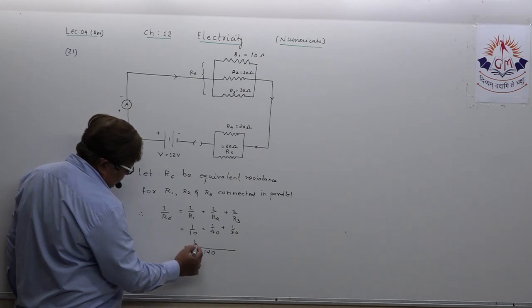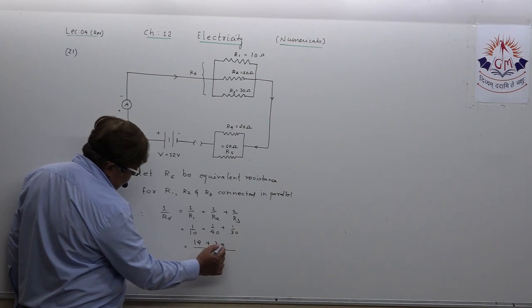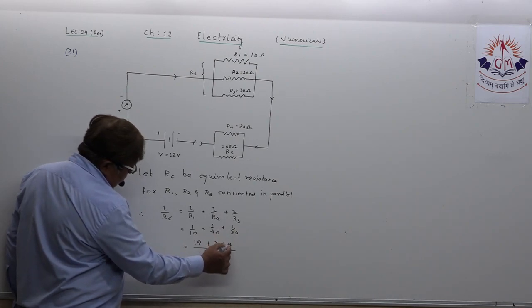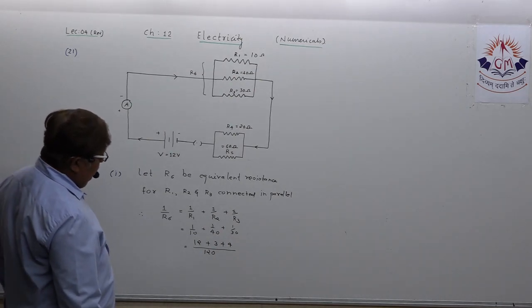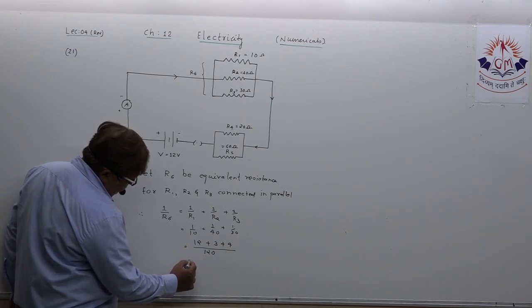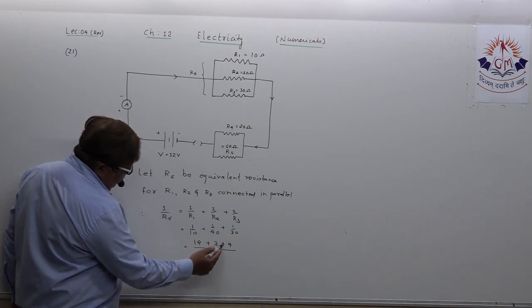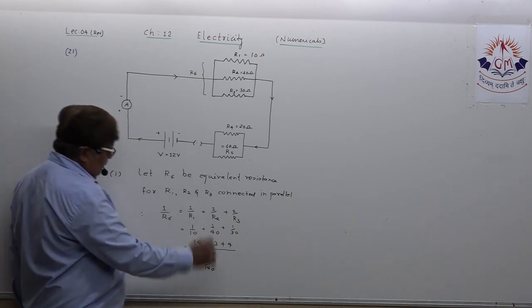10, 12, 43, 34. You understood this? Okay. 12 plus 19 upon 120.